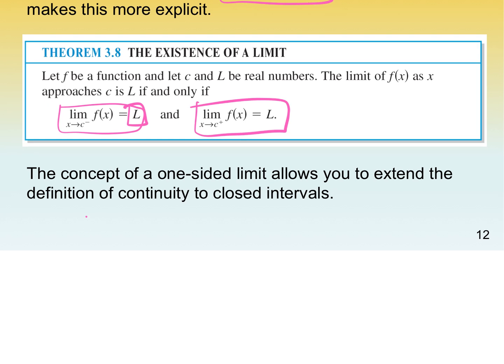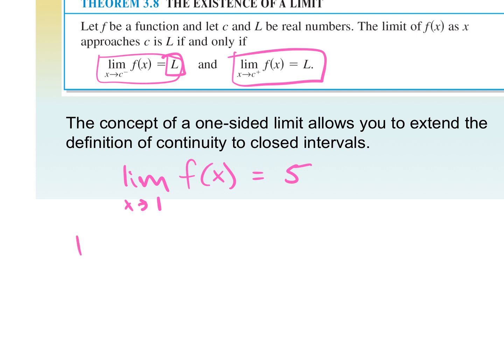Let's say I had the limit as x approaches, we'll just call it 1, of f of x equals 5. What would the limit as x approaches 1 from the positive direction of f of x be?